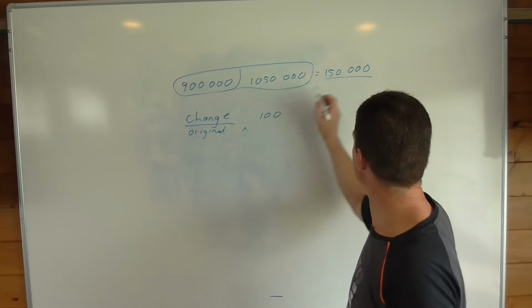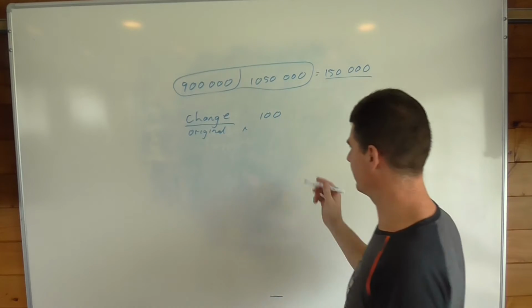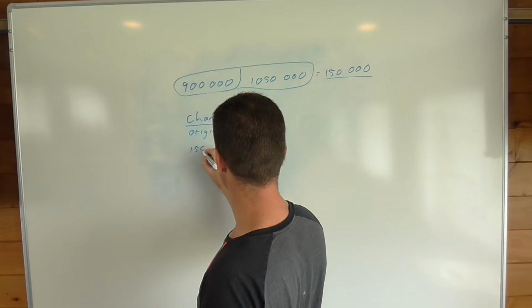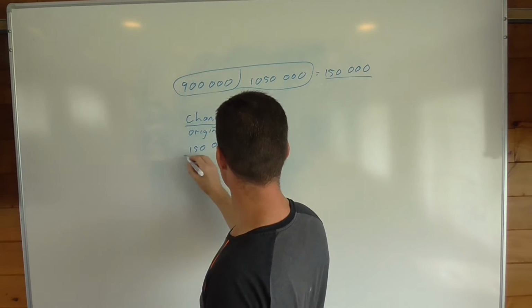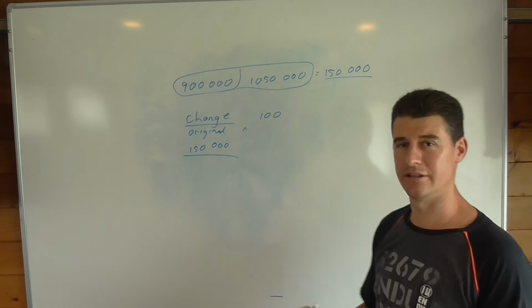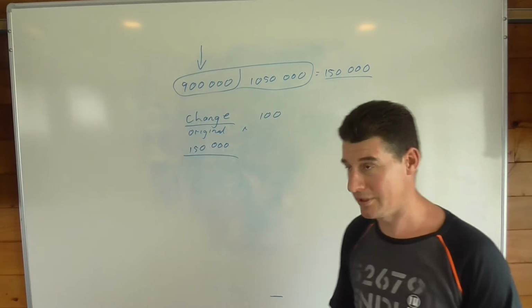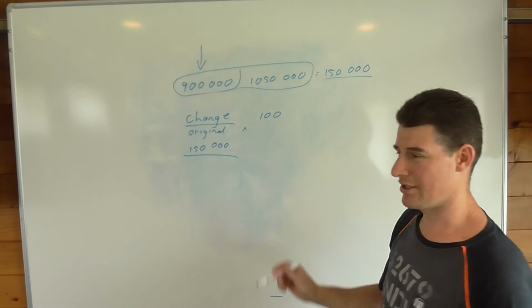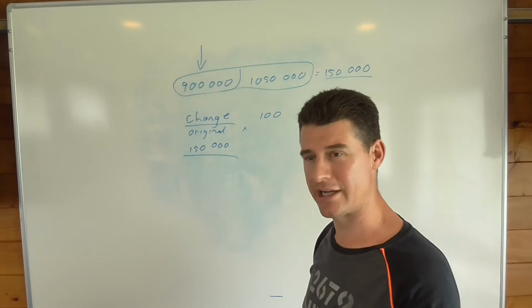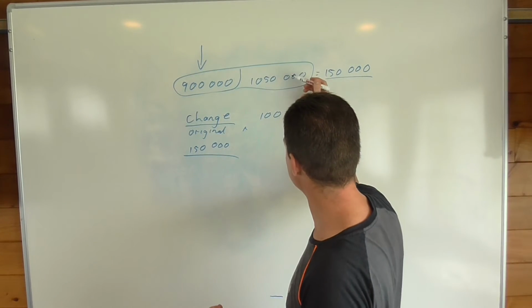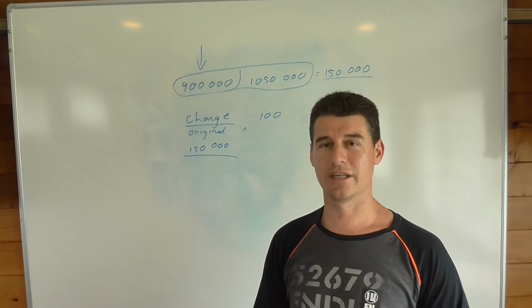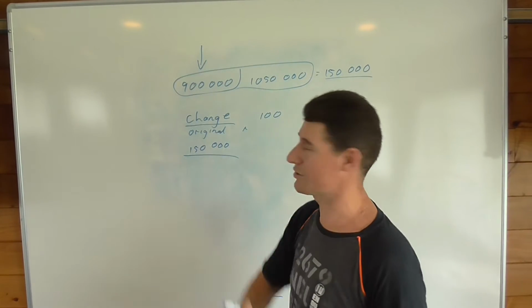Okay. So the change is what we calculated here. So change is 150,000 divided by the original. The original is always the one that you started with. Okay. Because what are you comparing it to? You're comparing the second year to the first, the second one to the first one.